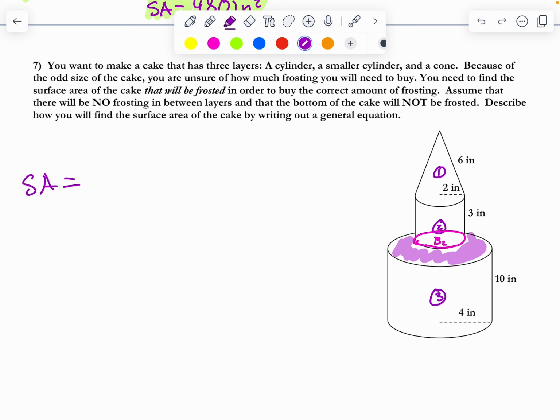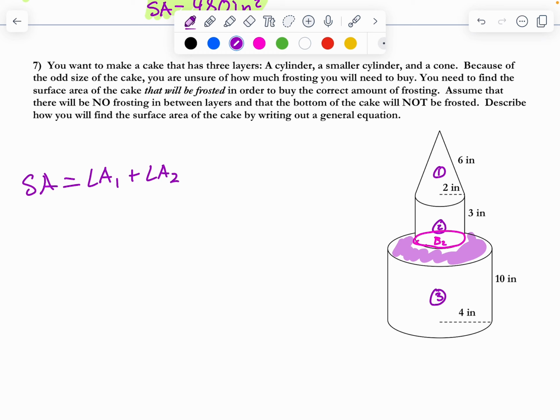So let's go ahead and see. Easy peasy, right? First, we're going to have to find the lateral area of the cone. Super easy. Then we're going to find the lateral area of the cylinder. And then here, there's two ways of doing this, right?